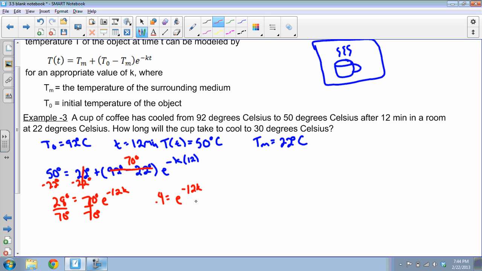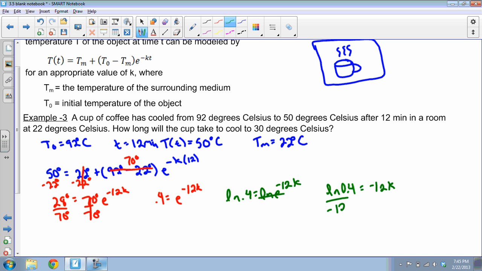Now, because I have an e here, it'd be great if I took the natural log of both sides. So that natural log of e goes away, giving me the natural log of 0.4 equals negative 12k.